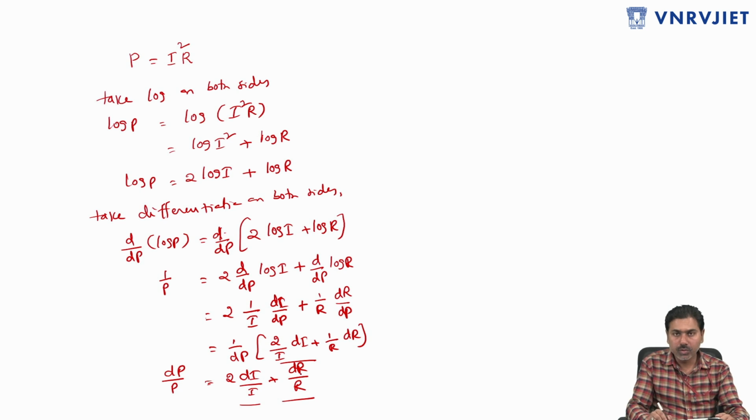So these two quantities are summed up, and here the current is multiplied by 2, then summed up with the resistance relative limiting error, and giving finally the limiting error of the power. This is the way the limiting errors of the individual quantities affect the limiting error of the final measurement.